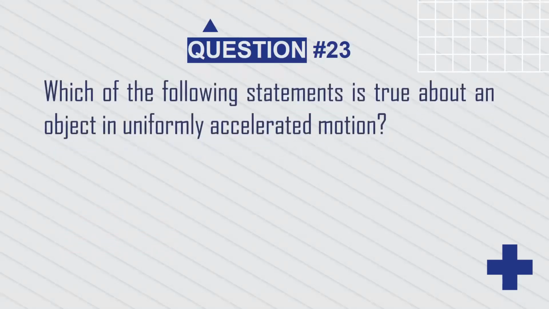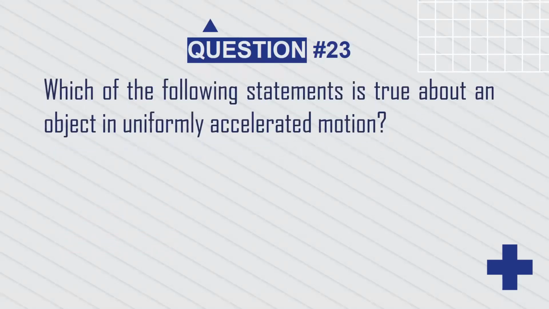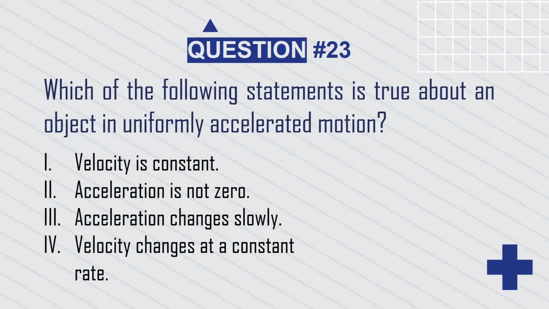Which of the following statements is true about an object in uniformly accelerated motion? Is it 1. Velocity is constant, 2. Acceleration is not 0, 3. Acceleration changes slowly, or 4. Velocity changes at a constant rate?